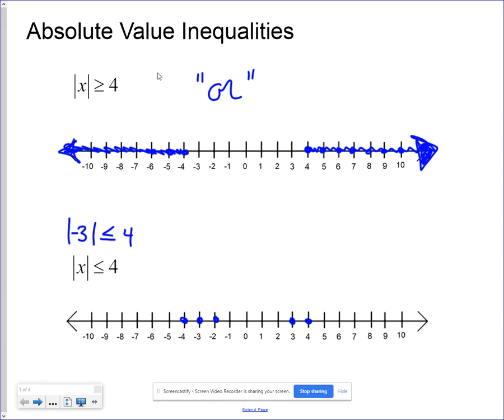So basically what we have going on here is all the values between 4 and negative 4 would make this statement true. Does this remind you of anything? Hopefully, this reminds you of compound inequalities joined by the word and. This little concept that we discovered here is the key concept to today's lesson.